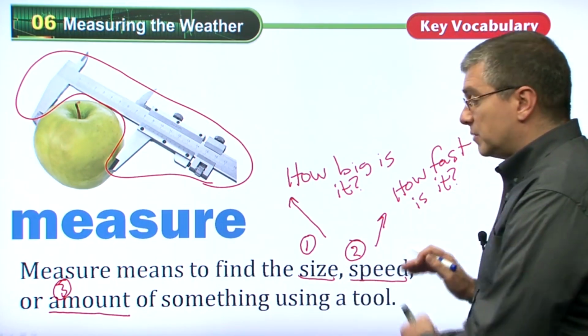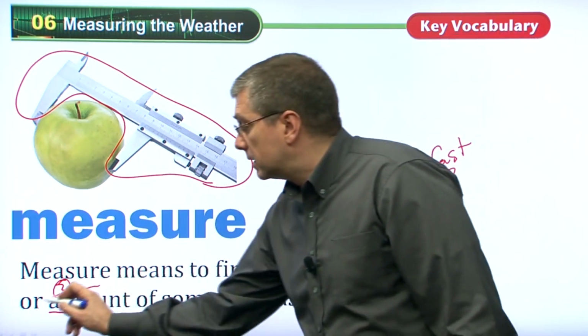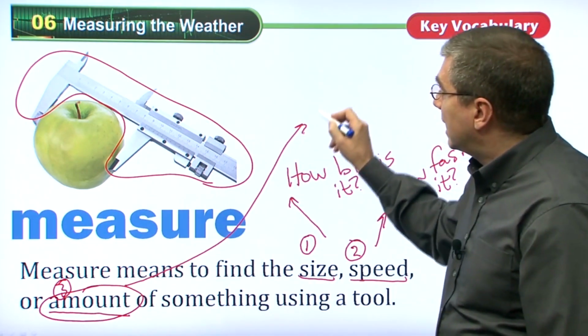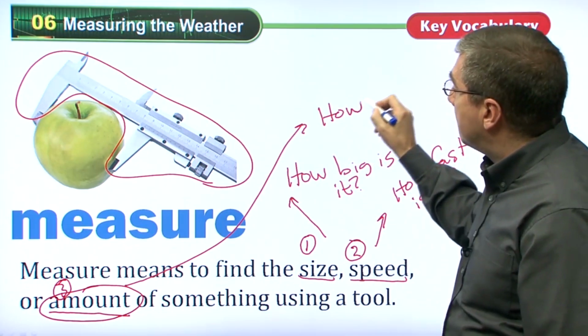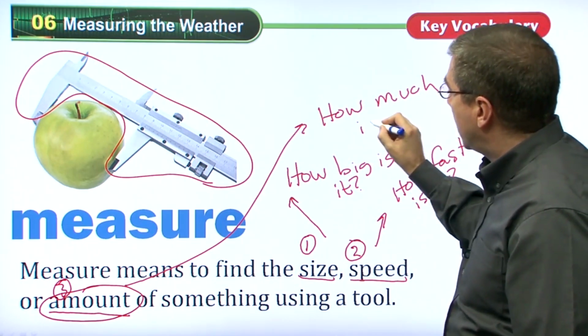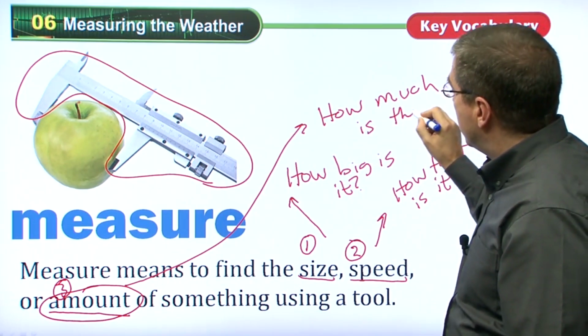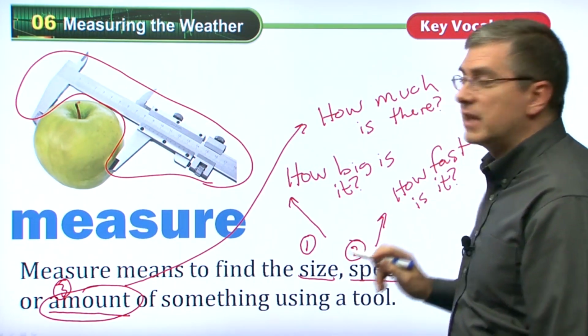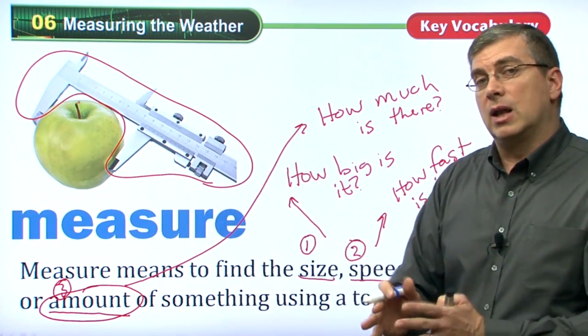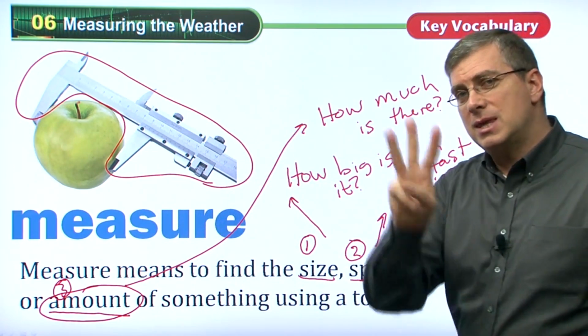So we want to know the speed. When we talk about amount, we can ask how much is there? What's the amount? Is there a lot or is there a little?